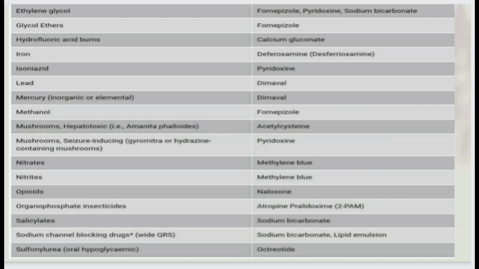Then opioids, naloxone. Organophosphate insecticides, atropine and pralidoxime. For salicylates, sodium bicarbonate. And sodium channel blocking drugs, sodium bicarbonate. Then in case of sulfonylureas, that is oral hypoglycemic agents, octreotide is used.